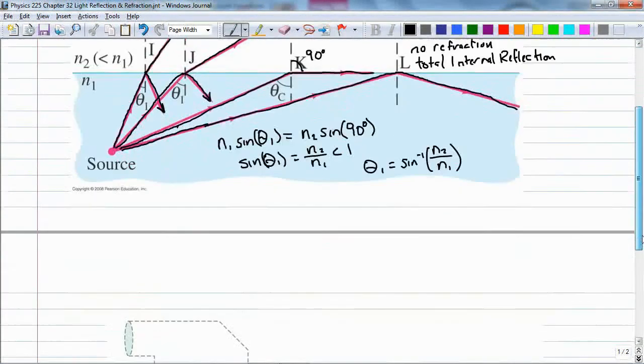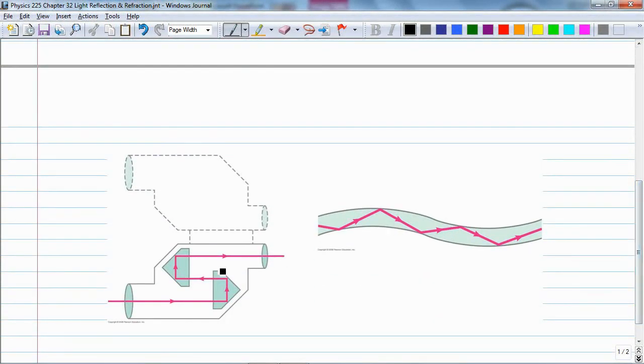Now we can use this idea for different applications. One would be binoculars. You have these total internal reflections based on how these crystals are shaped and their refractive index to guide light from the view lenses to the eyepieces.